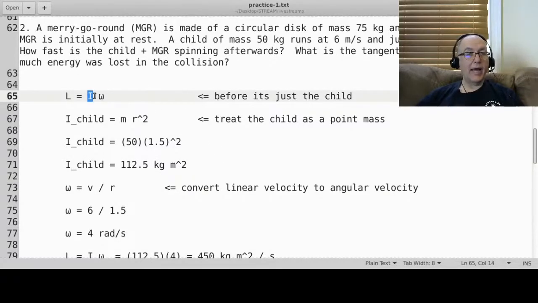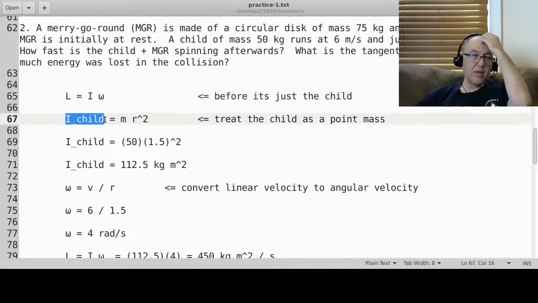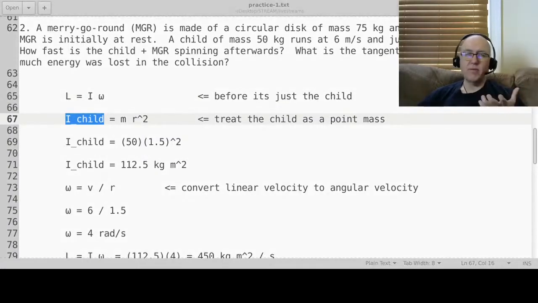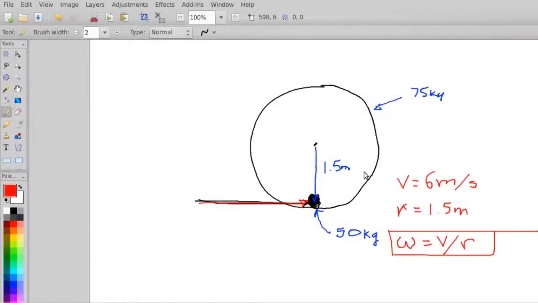Now, that's the moment of inertia of the child. And again, you go, geez, how's there a moment of inertia to a child? Well, let's go back to this picture. What's the moment of inertia for a point mass?